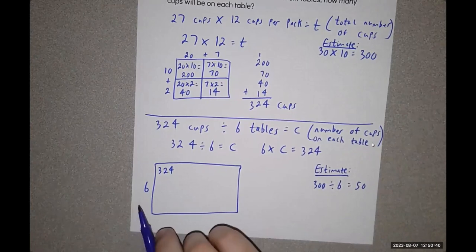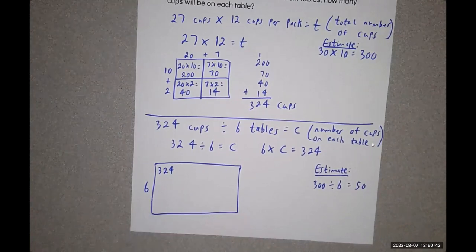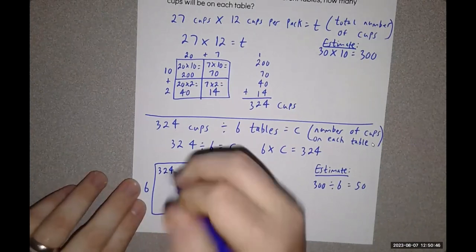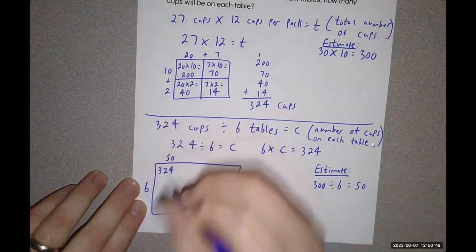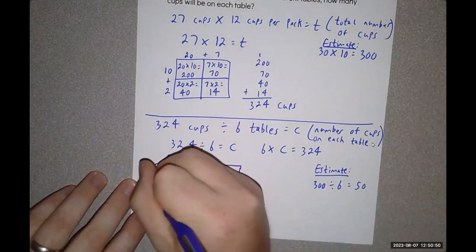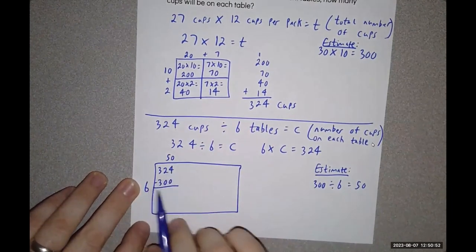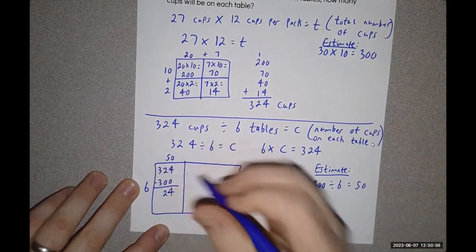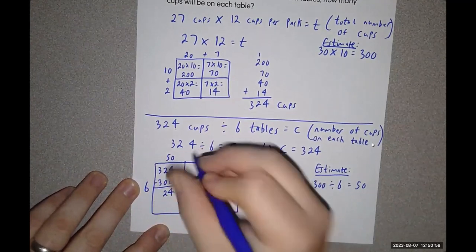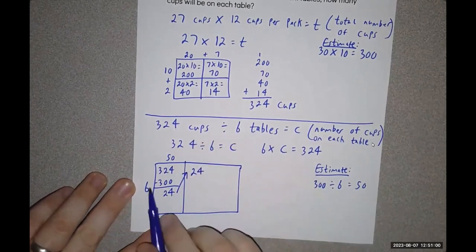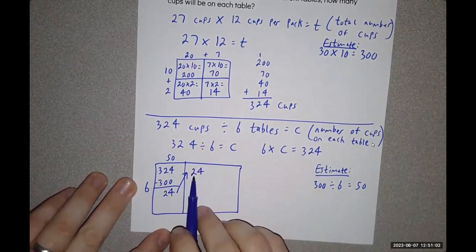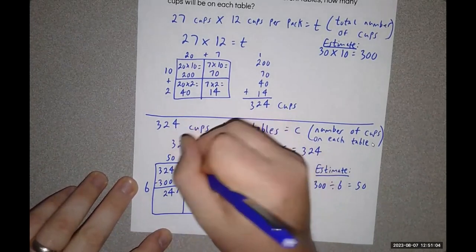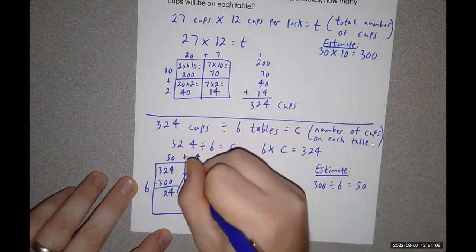So now to do 324 divided by 6, I'm going to find my partial quotients. I know that 6 times 50 is 300. 324 minus 300 is 24. We're going to bring this 24 over. And now I know that 6 times something equals 24. Well, 6 times 4 equals 24.